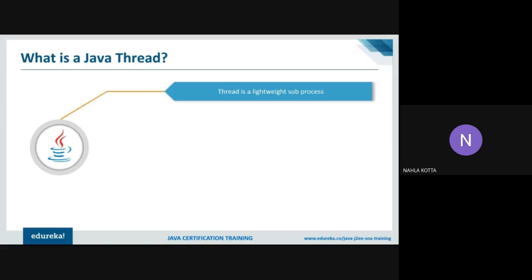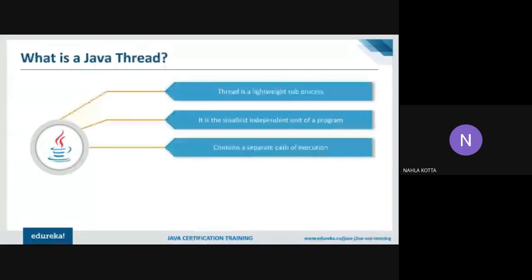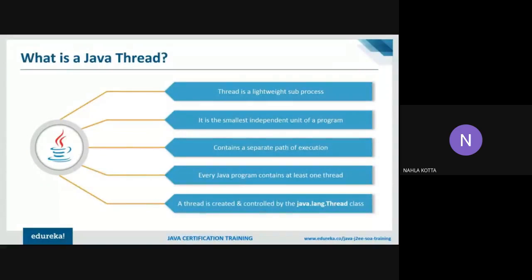A thread is a lightweight sub-process, the smallest independent unit of a program. It contains a separate path of execution, and every Java program will have at least one thread, known as the main thread.